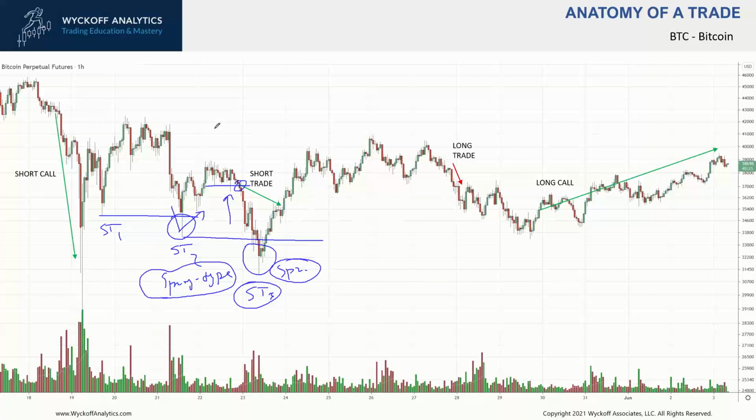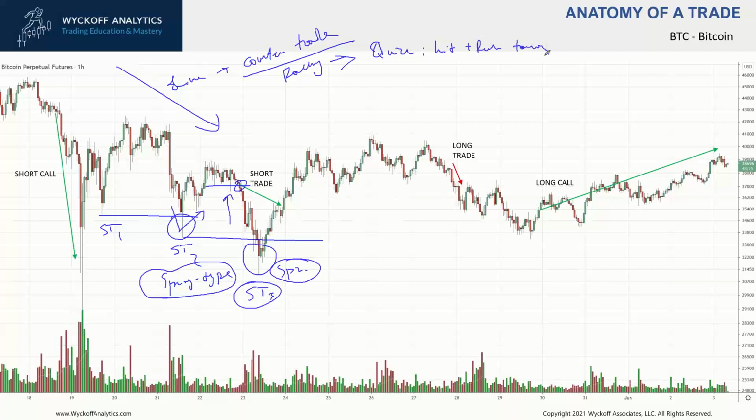So with that idea that you are in the downtrending environment, you will be looking for the counter trade to that environment, meaning that you're looking for a rally, and your trade profile should be a quick hit and run trade. And therefore, let's say your targets are all conservative targets.